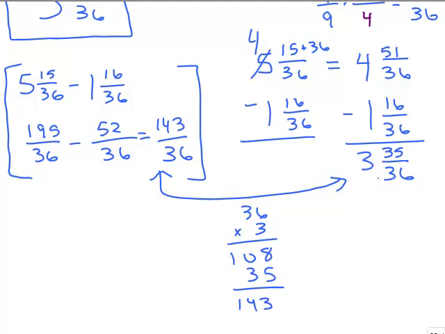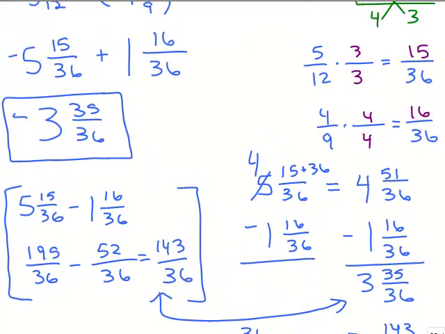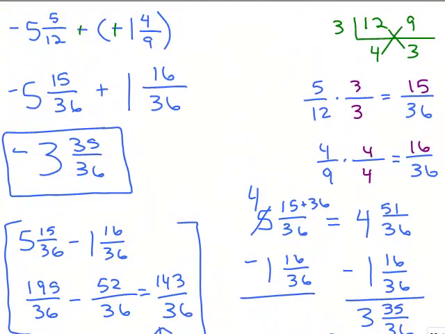So the new numerator would be, that's the same thing as 143/36. So two ways of getting the answer. Ah, boy, lots of arithmetic here. But our final answer could either be written like this or negative 143/36.